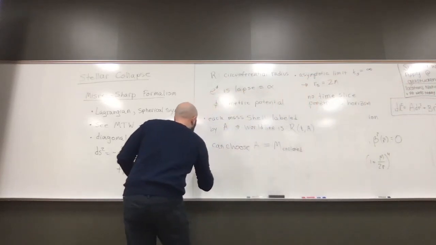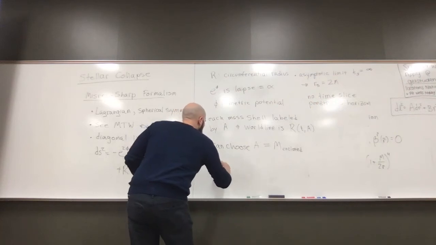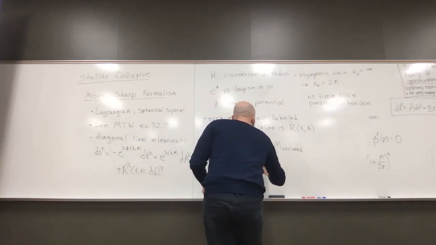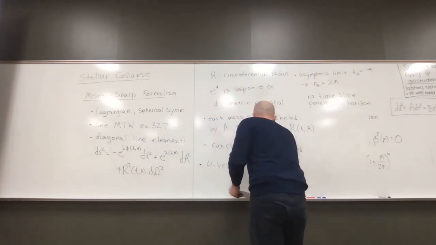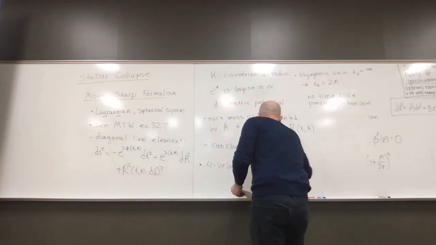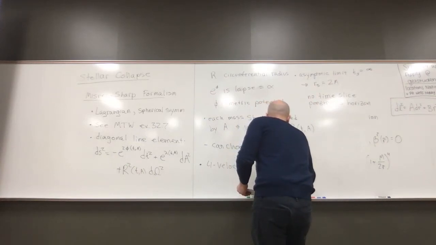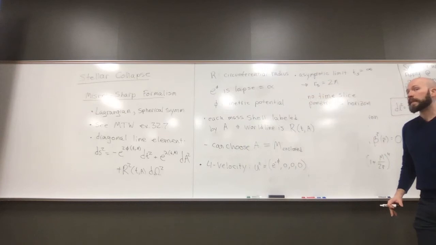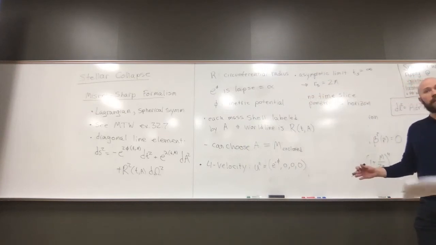In this, the 4 velocity U at A is equal to e to the minus phi, 0, 0, 0, because with respect to these coordinates, it is spatially at rest, right?